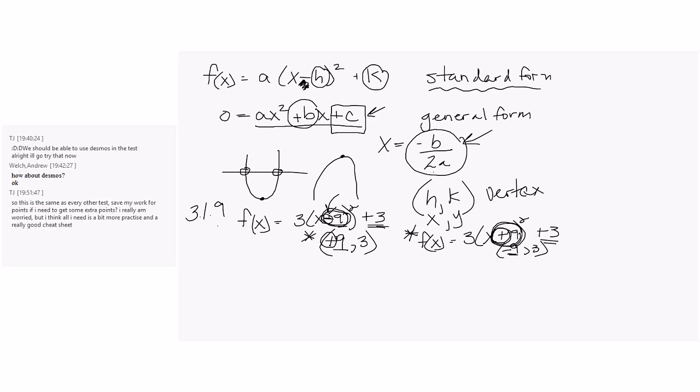And then TJ is asking if he should save his work for extra points. Yes. So what TJ is alluding to, and I recommend this for everyone, and I'm trying to really hit this home to my Math 1046 students right now: when you write a test and you submit and you get your mark back, you can always go in through the gradebook in MyMathLab and review your test.